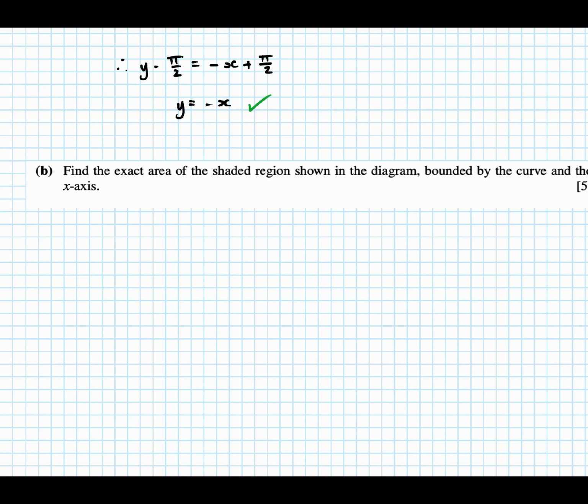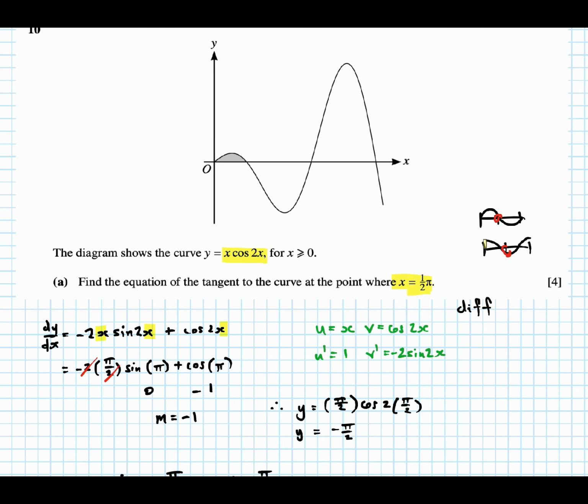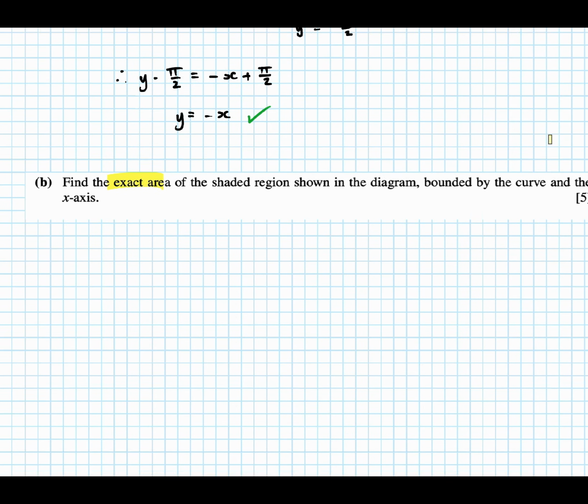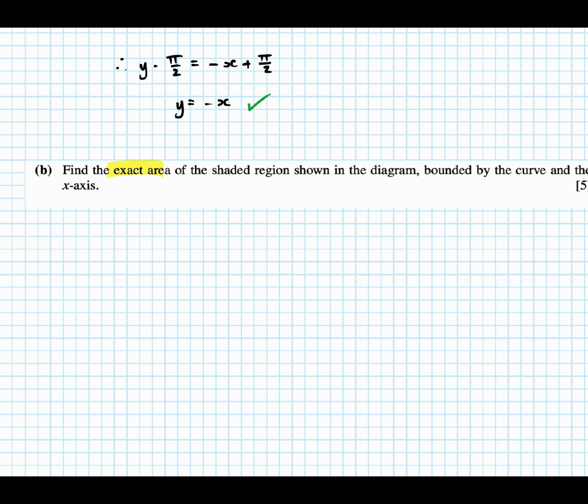Find the exact value of the area. We've integrated in some way here. We've used the product rule for the previous question. The equation of the tangent is often to do with differentiation.